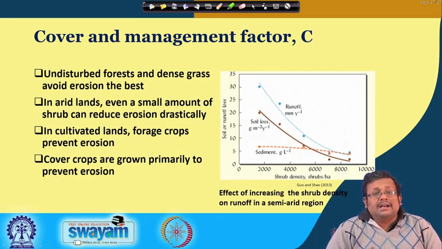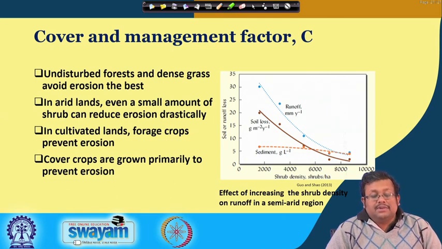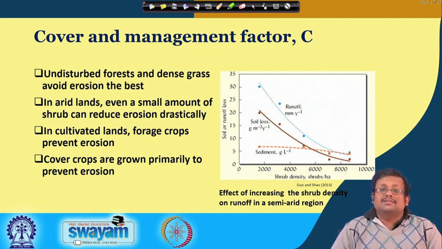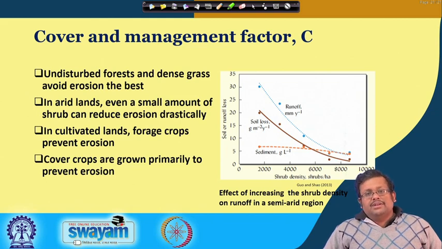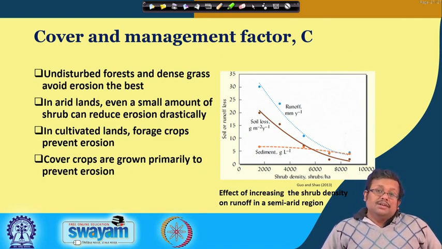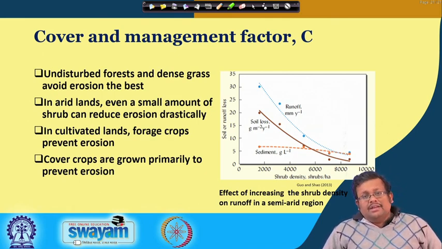So also remember that undisturbed forest and dense grass avoid erosion at best. Obviously with undisturbed forest, you will see less runoff in those areas which are covered with forest as well as dense grass. And in arid lands, even a small amount of shrub can reduce erosion drastically, because in arid lands most of the soils are susceptible to high erosion, as there is very low soil organic matter, ultimately exposing all the soils to the erosive action of either rainfall or wind, either water or wind.